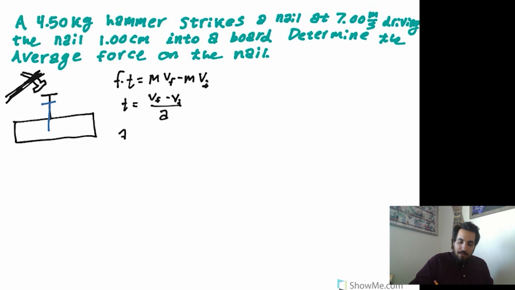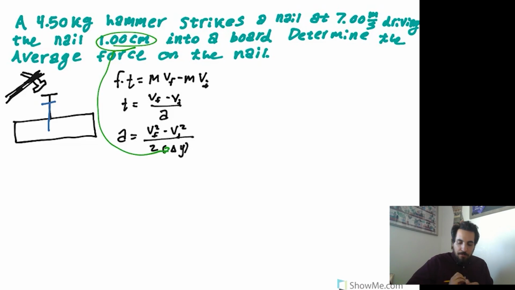So we can take the acceleration to be final velocity squared minus the initial velocity squared divided by 2 times the displacement. I'll put delta y here to represent the vertical displacement, but that delta y is just the 1 centimeter distance.